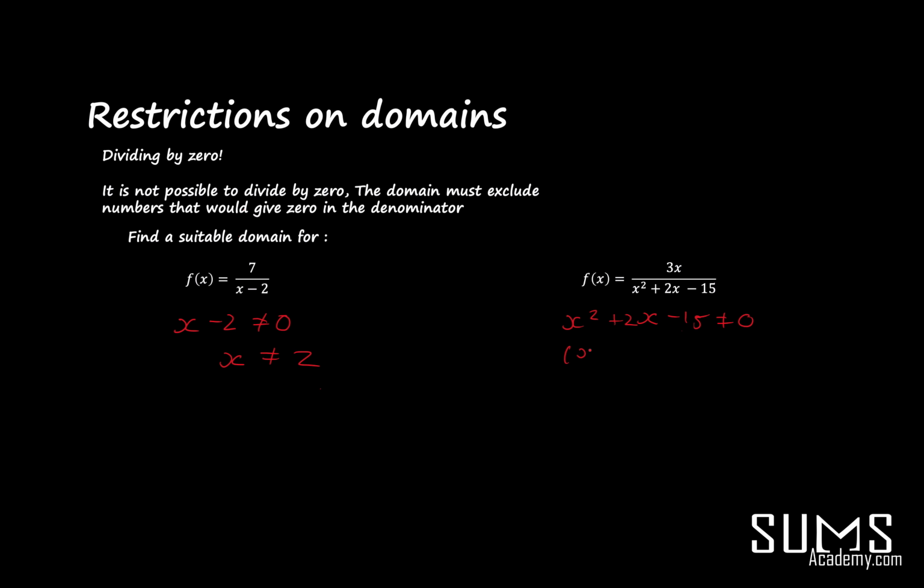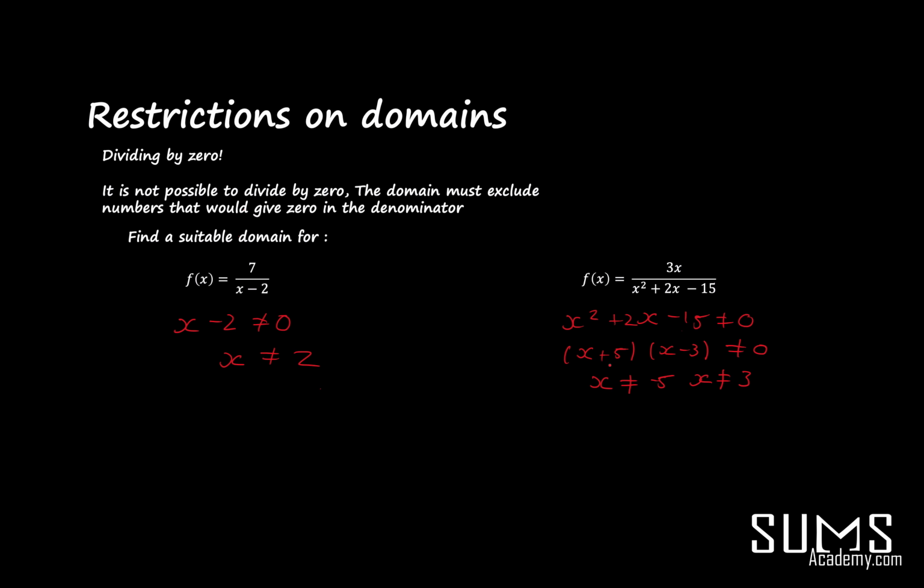So we have x plus 5 and x minus 3 cannot equal 0, right? Therefore, x cannot equal negative 5, and x cannot equal positive 3.